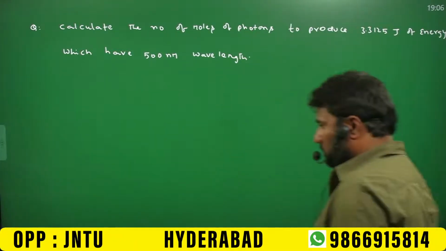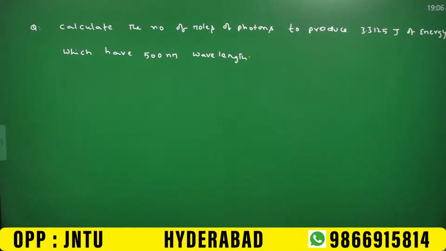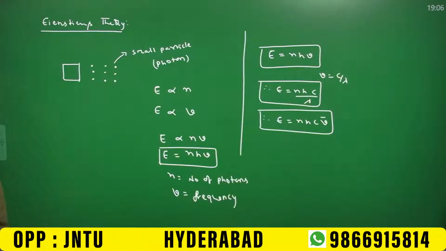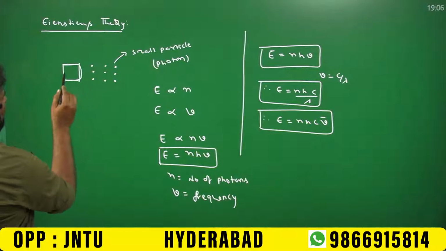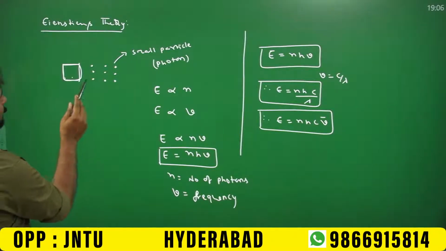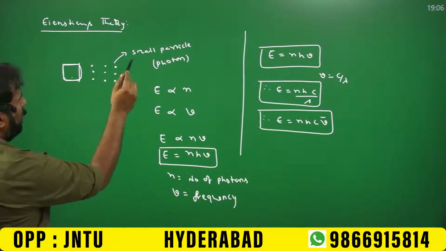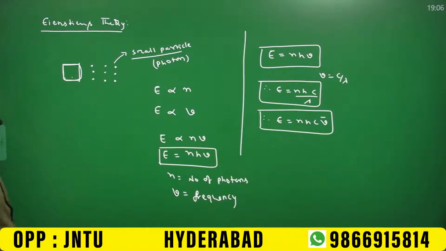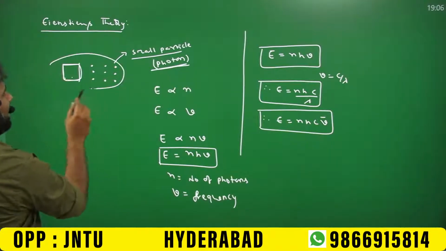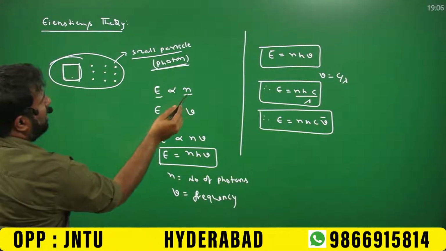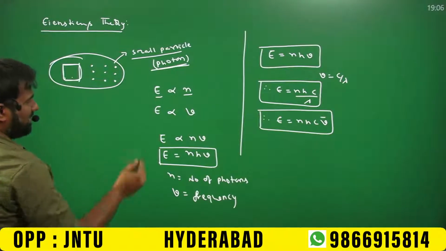Einstein's theory is simple: the light which is irradiated is in the form of small particles, energy packets, and each small particle is called a photon.